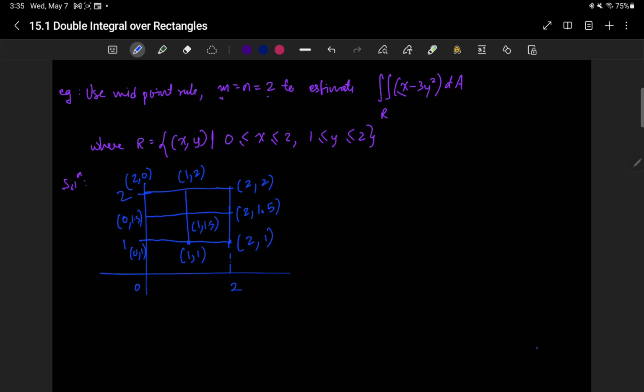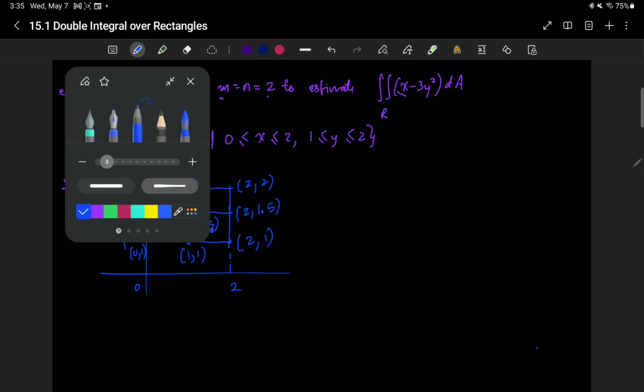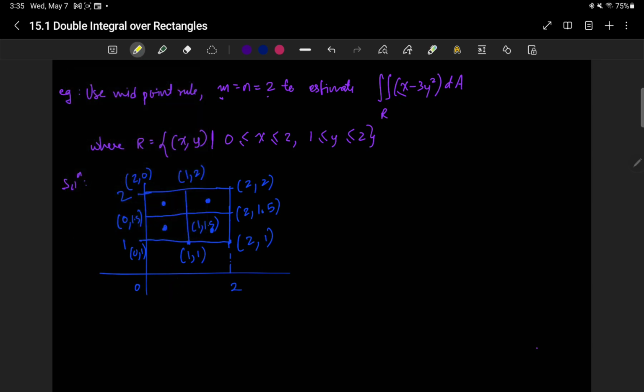Now because we are using a midpoint, we need to find the midpoint for each of these regions. So let me do that in a different color here. This midpoint is going to be halfway between, for the x value, halfway between 0 and 1, so 0.5, but it's halfway between 1.5 and 2, so it's 1.75.